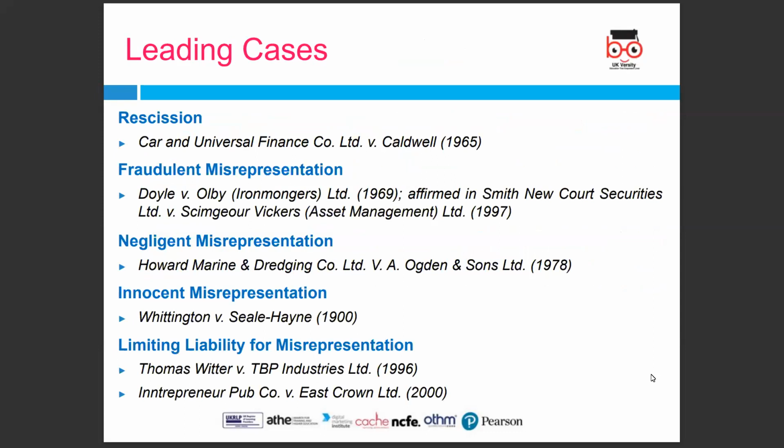There are some leading cases here on misrepresentation and the different types. For rescission, we've got the case of Car and Universal Finance Limited and Caldwell, 1965. For fraudulent misrepresentation, we've got the case of Doyle and Olby Ironmongers Limited, which I went through briefly, 1969, which was affirmed in Smith New Court Securities Limited and Scrimgeour Vickers Asset Management Limited, 1997.